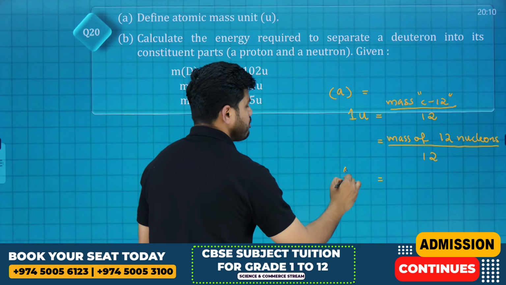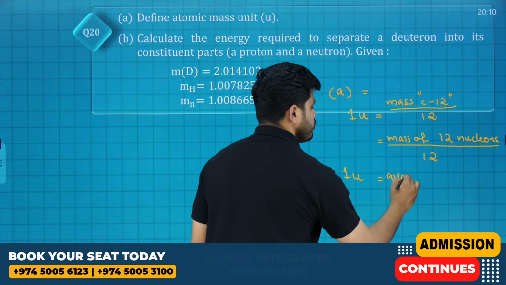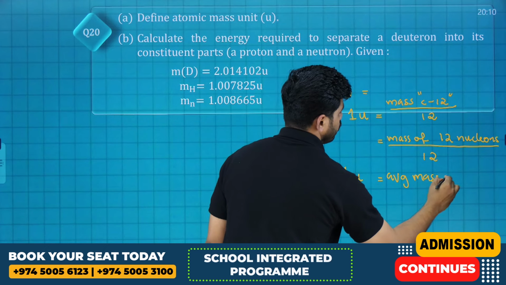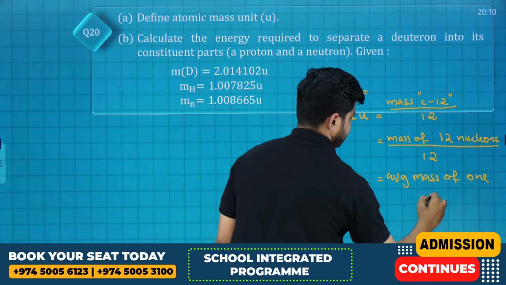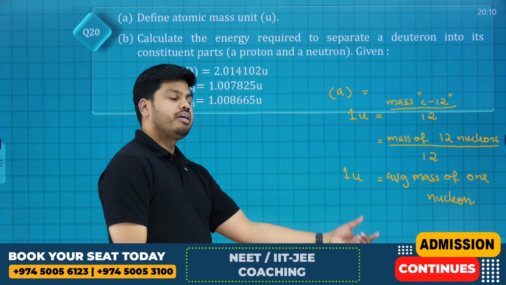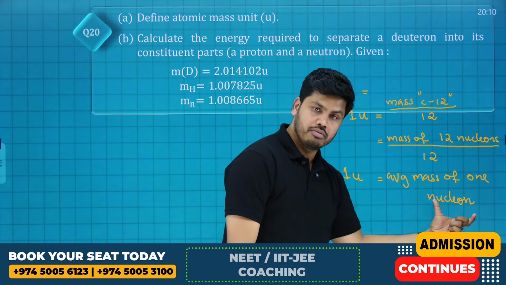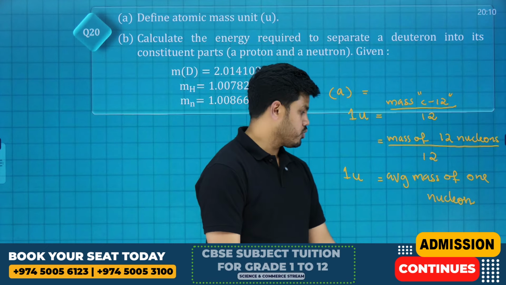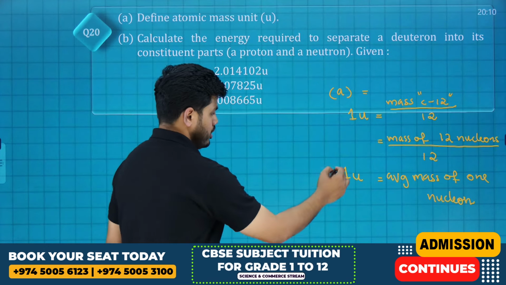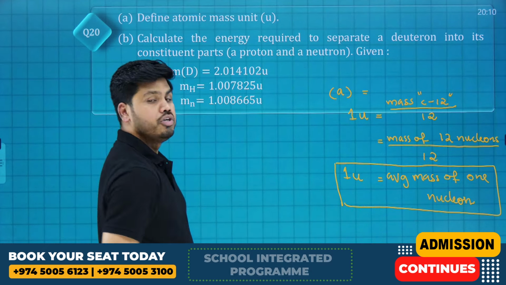So 1 atomic mass unit is nothing but the average mass of 1 nucleon. Why did I write average mass of 1 nucleon? If it is 12 nucleons by 12, it should be exactly the mass of 1 nucleon. But we know nucleons could be either protons or neutrons.